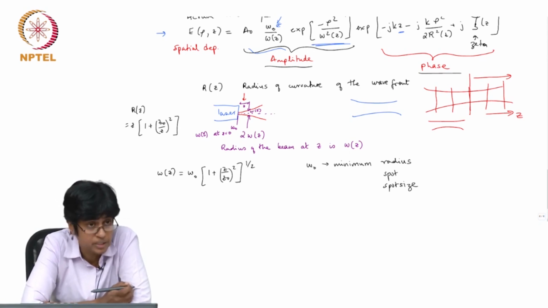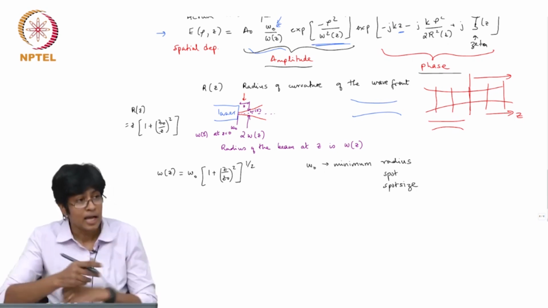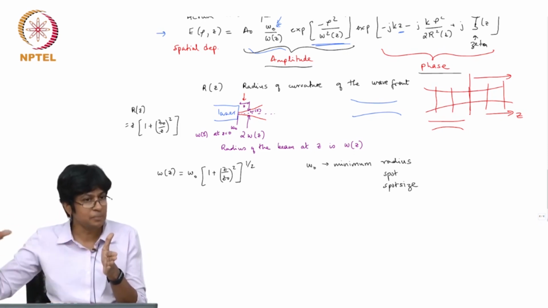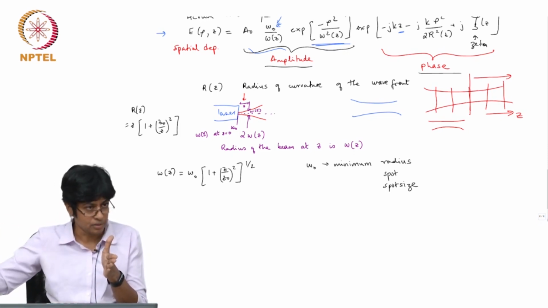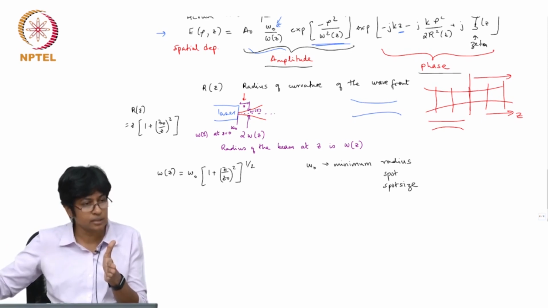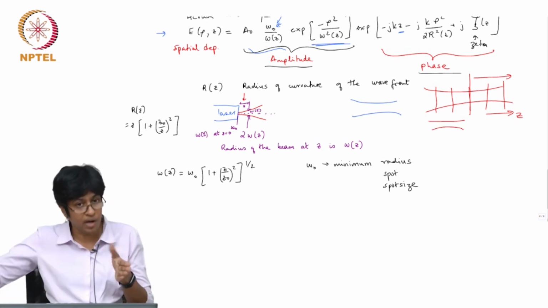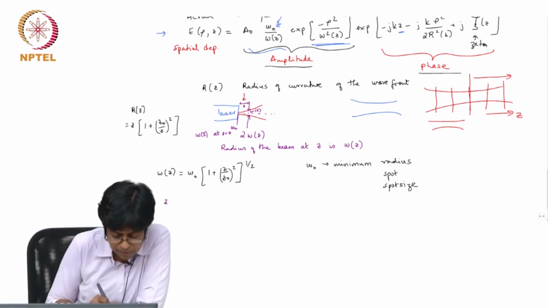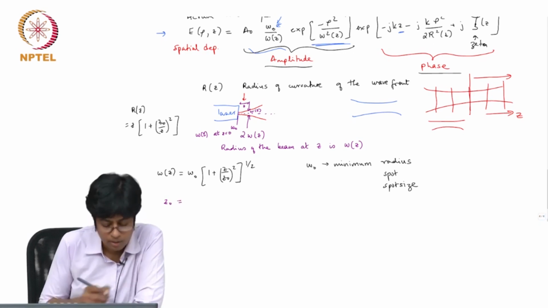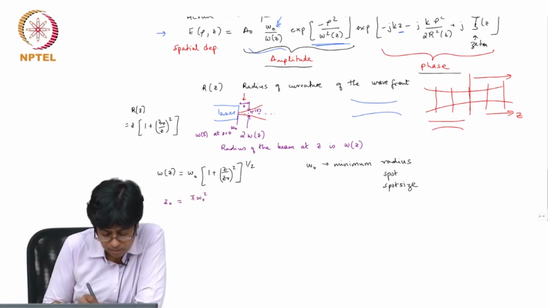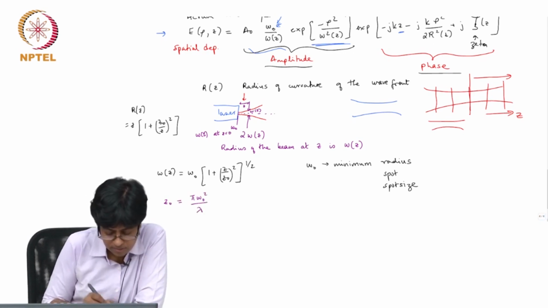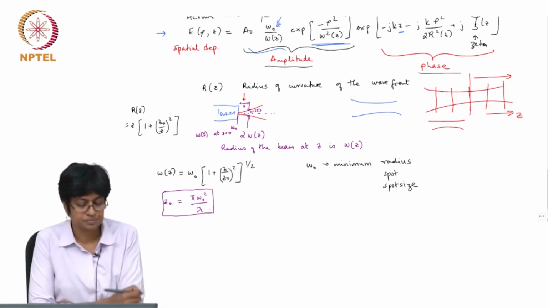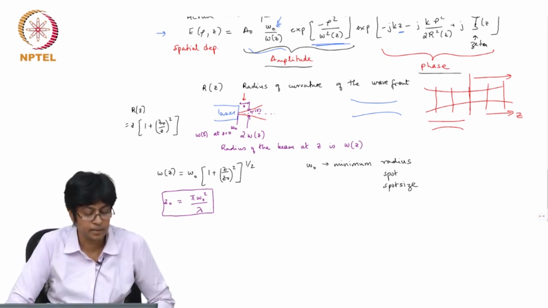So what this expression for omega of Z is telling us, as the beam propagates, it has this minimum value. As the beam propagates, there's a change, and that change is dependent upon Z, how far you have traveled away from the minimum spot, and it is also dependent upon this parameter Z naught, which is given by this relationship. Okay.